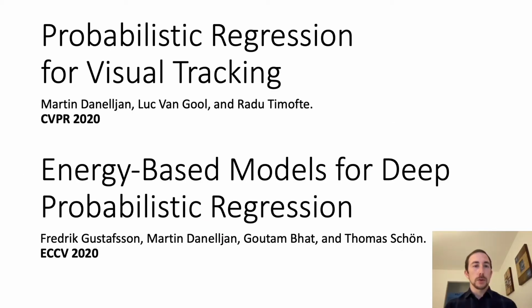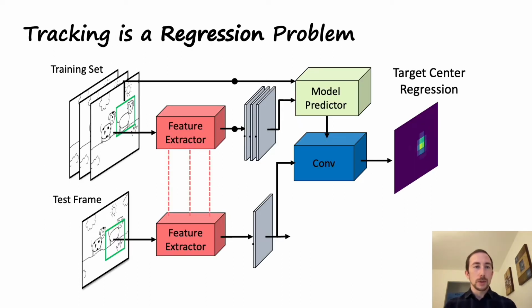Next I will present two works that develop an approach for probabilistic regression with applications to visual tracking and detection and other tasks. While I have talked a lot about classification, if we think of it, tracking is really a regression problem. First of all, what I called target classification before is really regressing the center of the target object.